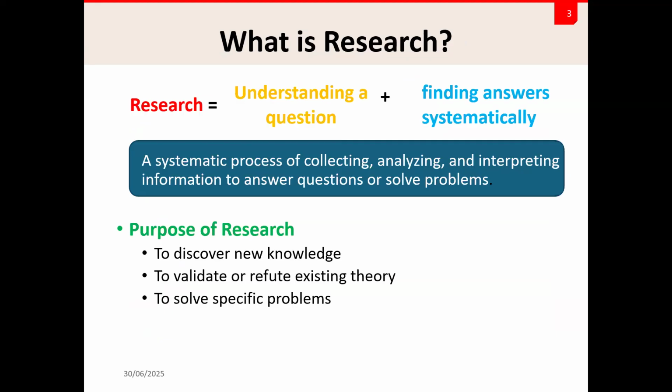So understanding research problem is a critical part in the research. It's involving planning, collecting data carefully, analyzing it, and making sense of it with a clear purpose to answer question or solve a problem. So the purpose of research can vary depending on your field or your project.